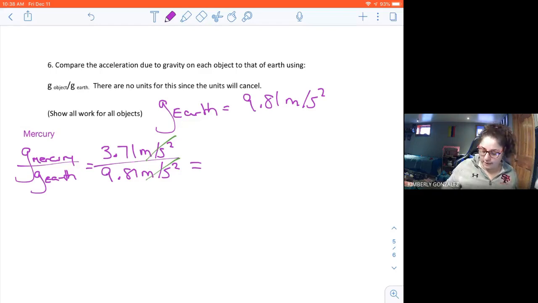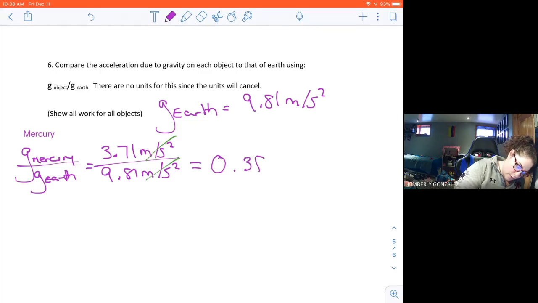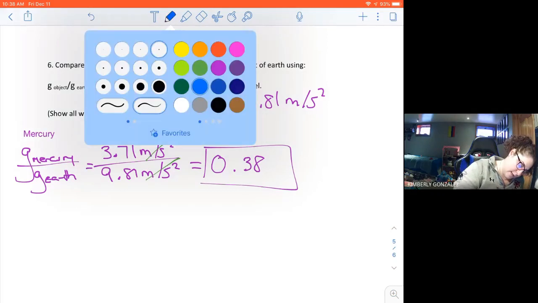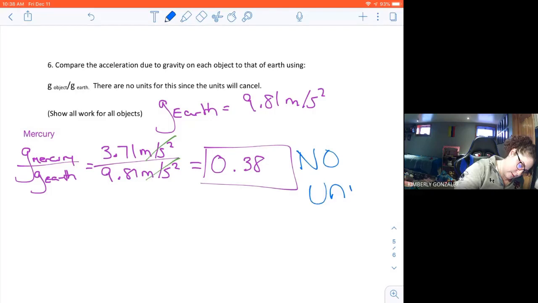So the ratio should be 0.38. There are no units in this, because they cancel. And you're going to round to the nearest hundredth again.